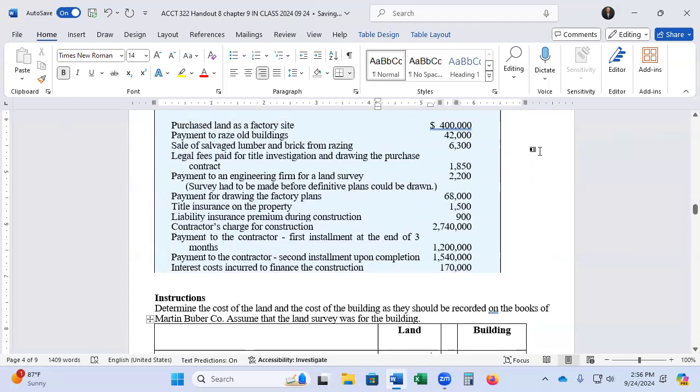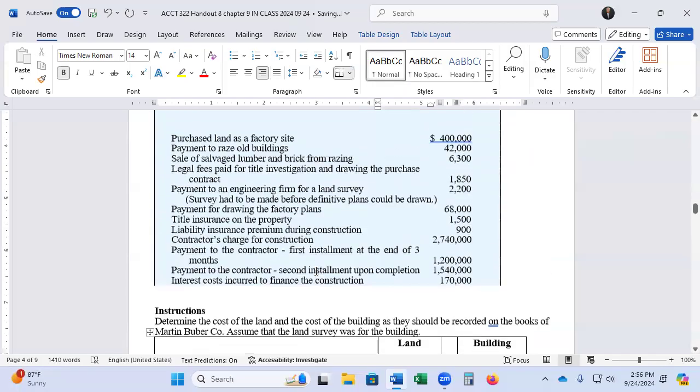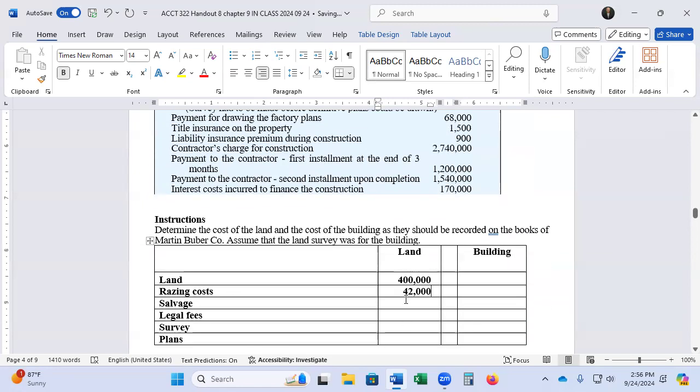Payment to raze old buildings, so we're still preparing the land, 42,000. Sale of salvage lumber and brick from razing. This is going to reduce the cost of the land, so 6,300.